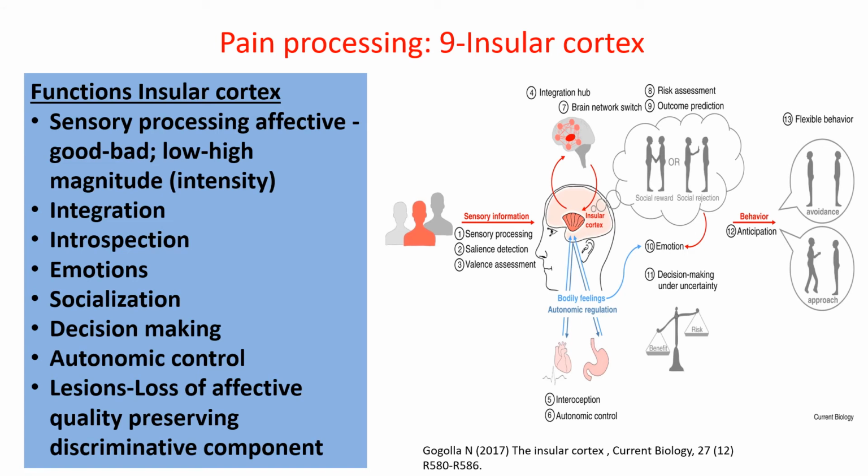Insular cortex is the judgmental cortex, and it will try to weigh the pain modality. It receives inputs from various components, that is somatosensory area, the cingulate cortex, the amygdala, and the prefrontal cortex, and it will decide certain important features.